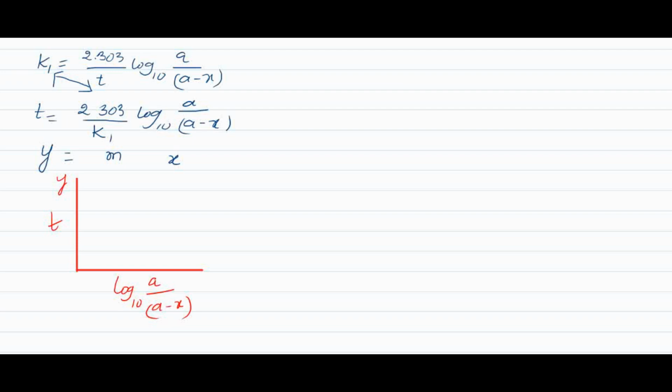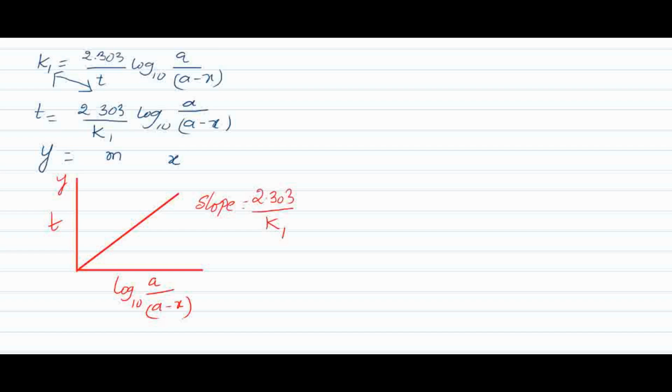Now m is the slope, there is no intercept. Here the line is passing through the origin. This slope m equals 2.303 by k1. From this equation, we can find out the first order rate constant from the slope 2.303 by k1. That is the time versus log a by a minus x.